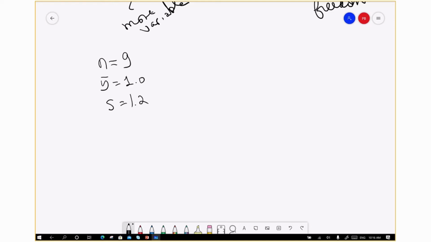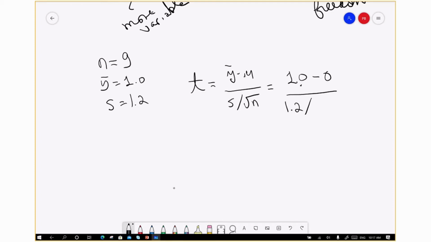So we put them into our formula and calculate t, our sample statistic, as y bar minus mu over S divided by the square root of n, which is going to be equal to 1.0 minus 0 over 1.2 divided by the square root of 9. So most of these numbers are going to be obvious. I mean, that's our y bar, that's our S, and that's the square root of n.